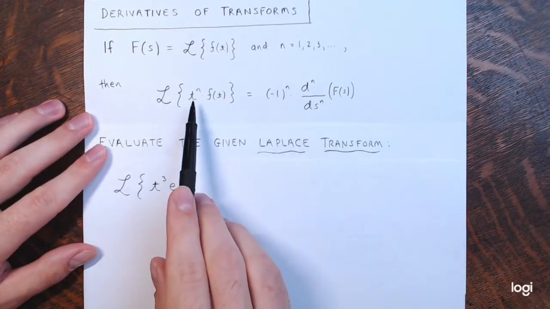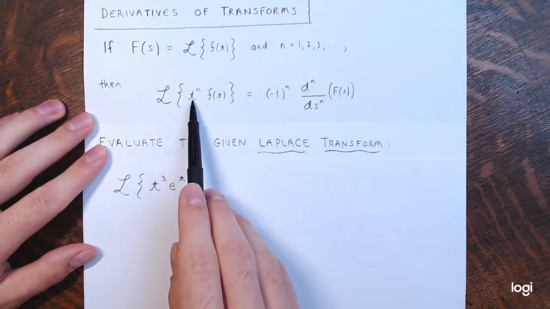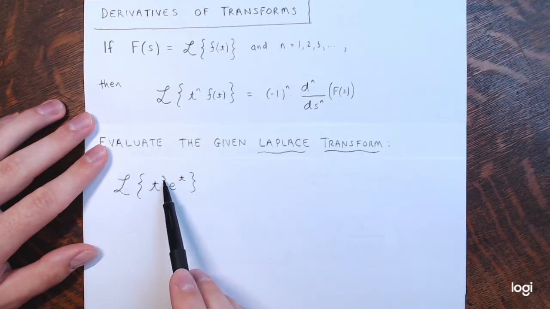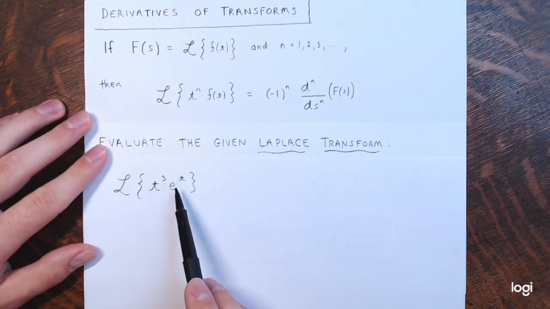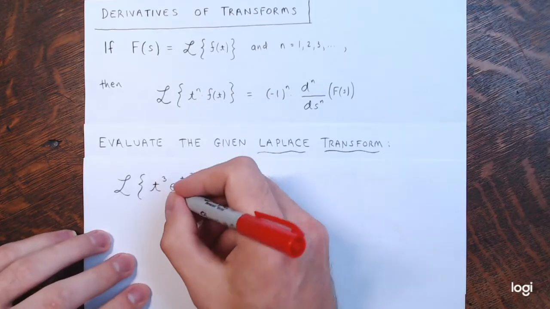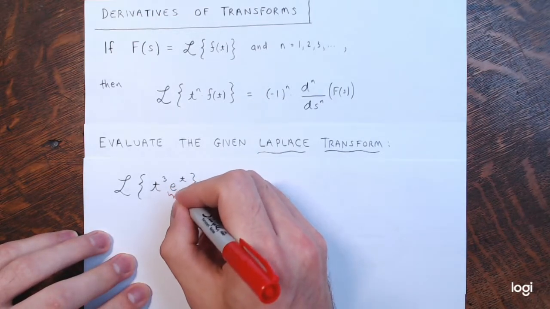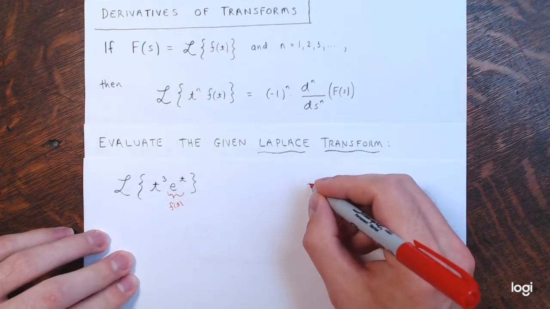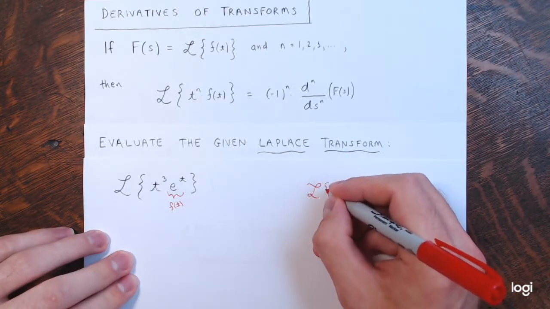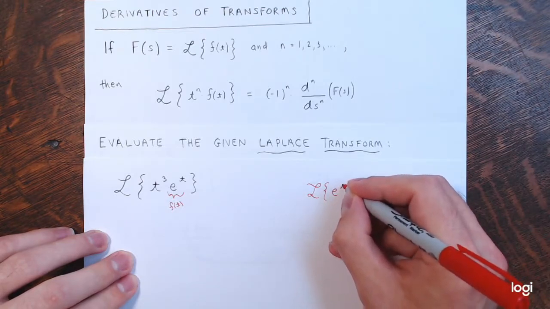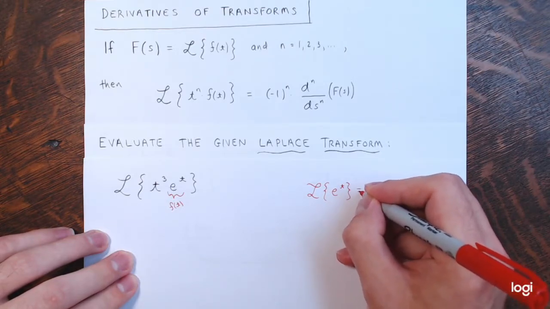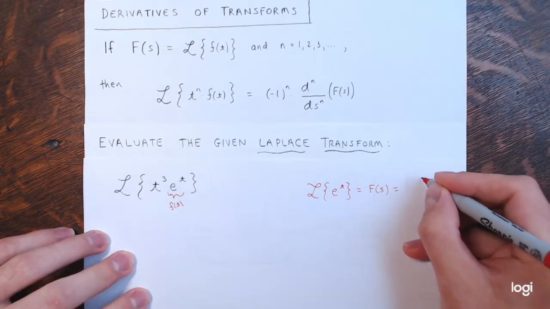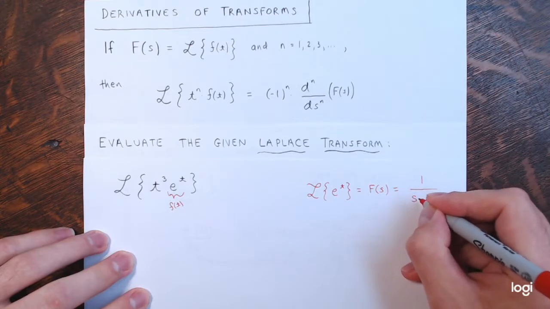So here I have another power of t, t to the third, so n is 3. And then the little f of t is just e to the t. So off to the side, the Laplace transform of just e to the t, that's going to be the capital F of s, and that is just 1 over s minus 1.